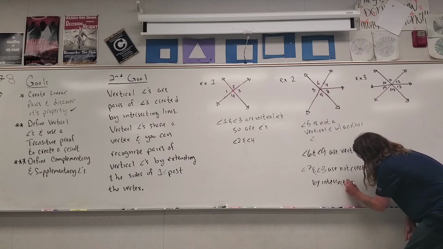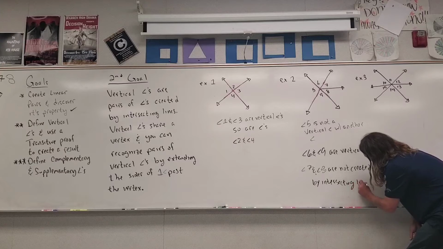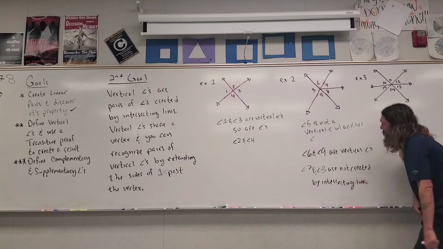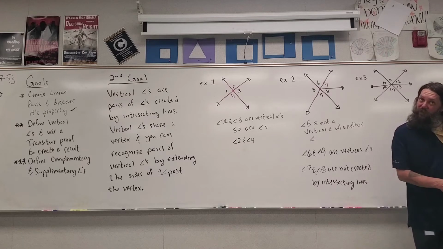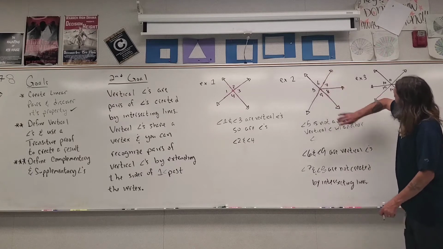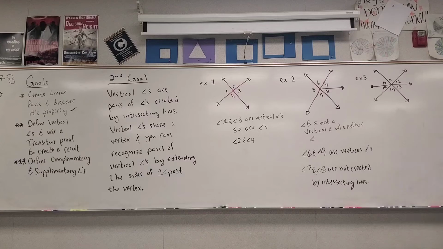So it's going to fail the definition. So there's actually only 1 pair of vertical angles in this second example, and that's angle 6 and angle 9. All right, on to example 3.